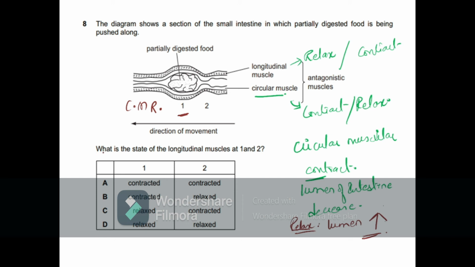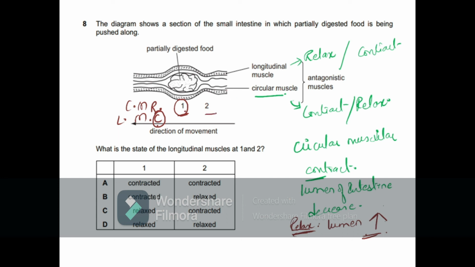Because in the question you have to describe the state of longitudinal muscles at 1 and 2. If at point 1 circular muscles relax in order to increase the size of the lumen, longitudinal muscles will contract at position 1.